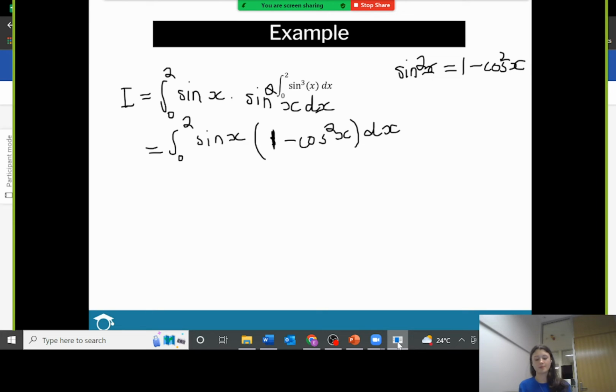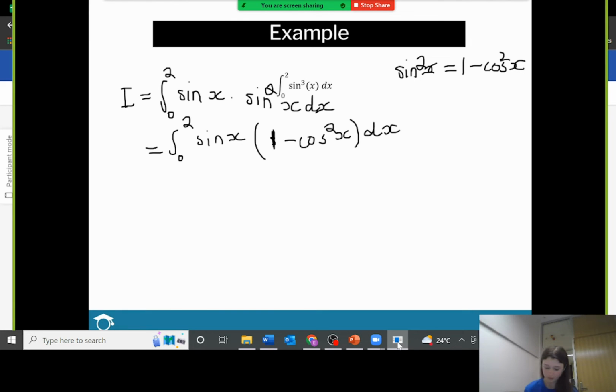Now if we remember from nonlinear substitution, if we have a sine and a cos, the pattern to remember is that the derivative of sine and cos cancel each other out.